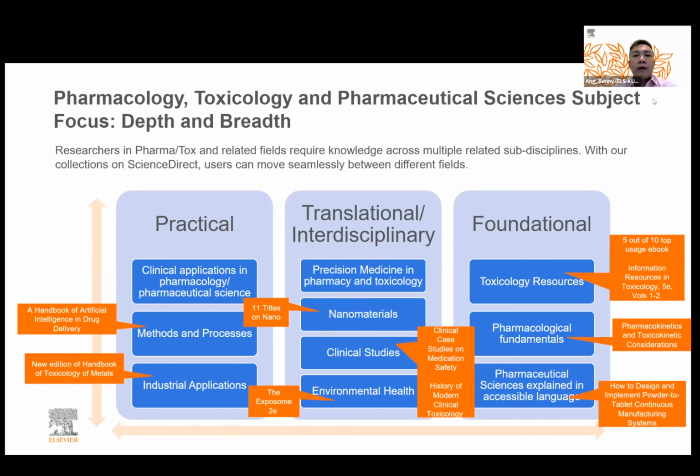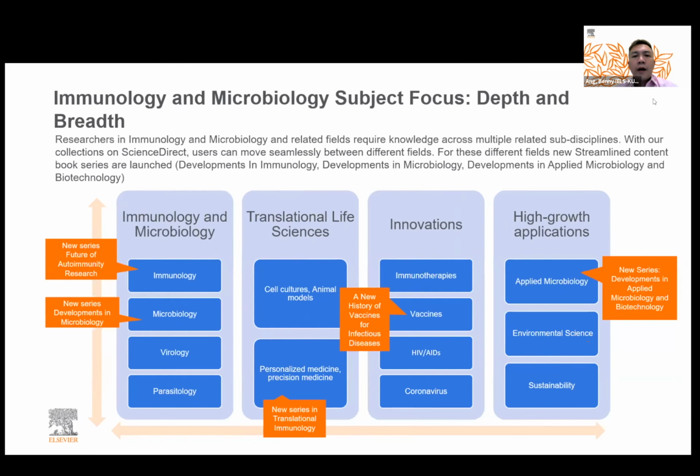When it comes to pharmacology, toxicology and pharmaceutical sciences, it covers the same things as biomedical science as well. Yeah, it has textbooks, it has ebooks. And the last one is the immunology and microbiology subject focus. Under these subject categories, it has immunology, microbiology, virology, parasitology, cell cultures, vaccine, applied microbiology.